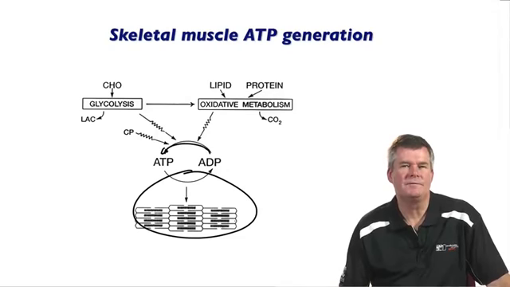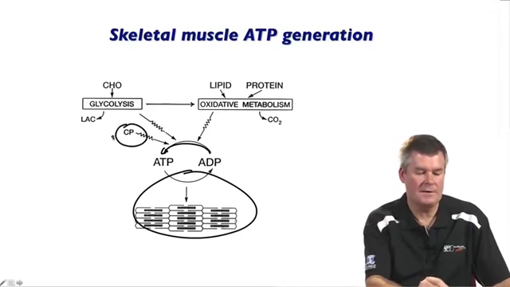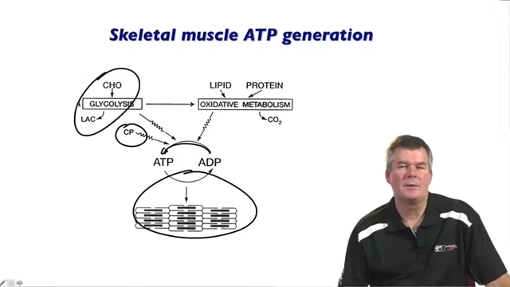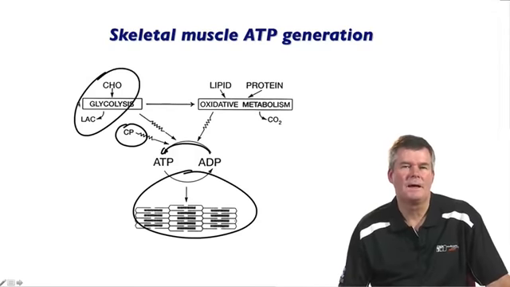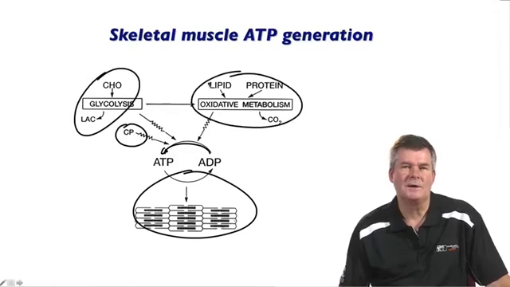In our next module on fuels on exercise, we'll focus on these various energy systems in more detail. For the moment, however, creatine phosphate and the degradation of carbohydrate to lactate are the so-called anaerobic pathways. And then in terms of oxidative metabolism, the utilization of carbohydrate, lipid, and to a very small extent, protein.